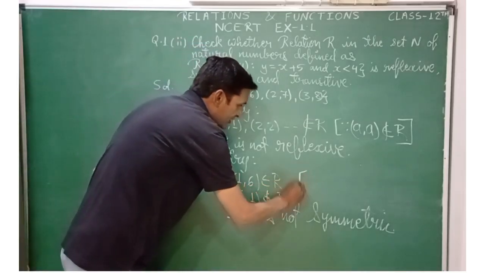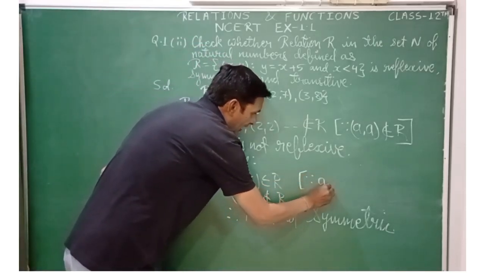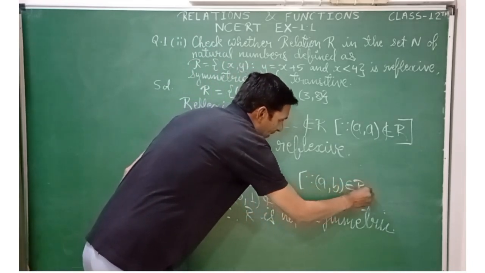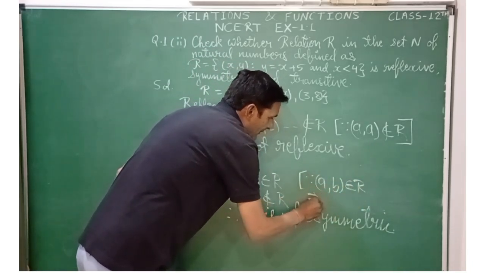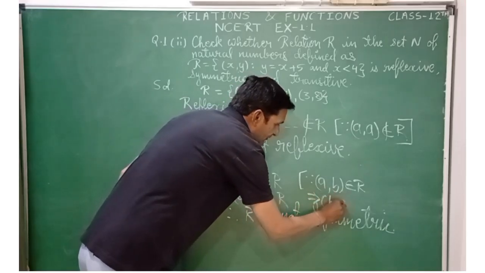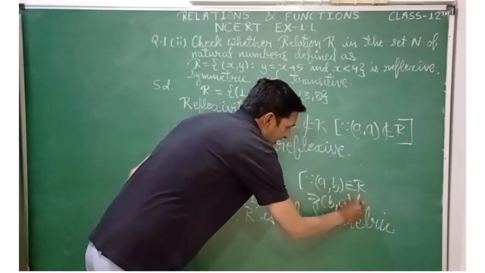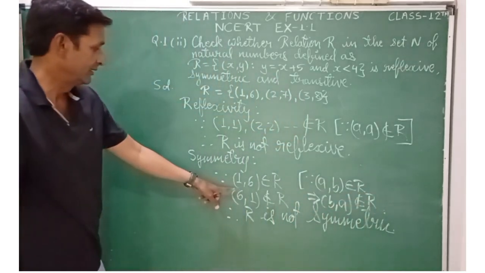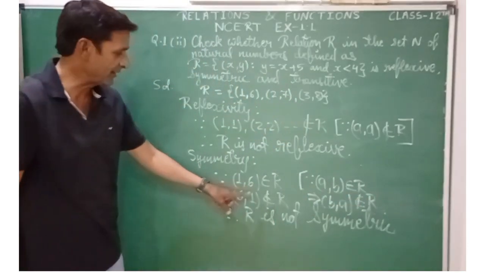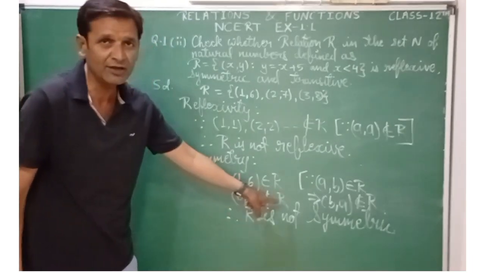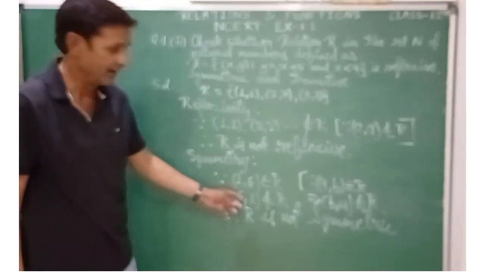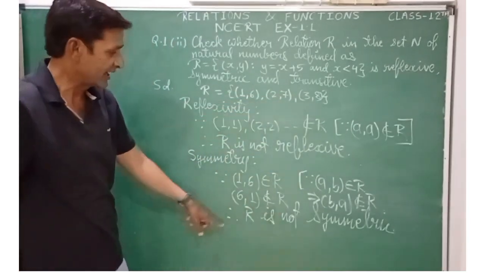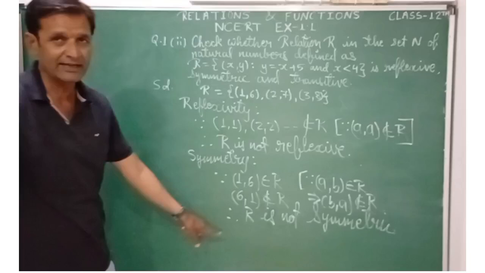What is the reason? Because (a, b) is an element of R does not imply that (b, a) is an element of R. What is the condition for symmetry? That you know very well: if (1, 6) is an element of R, then (6, 1) should be an element of R. Then only it will be symmetric. But here (6, 1) is not given in the relation. That's why this relation is not symmetric.